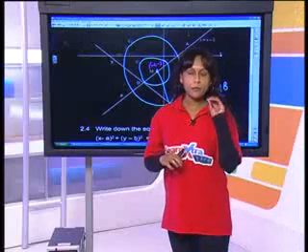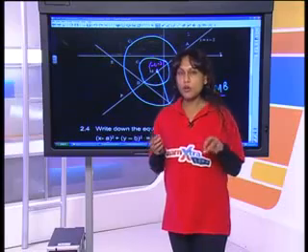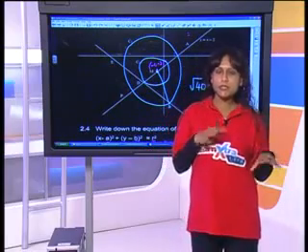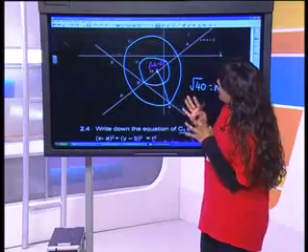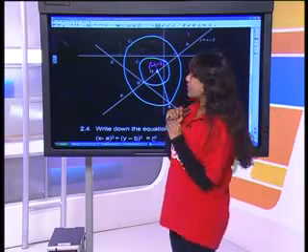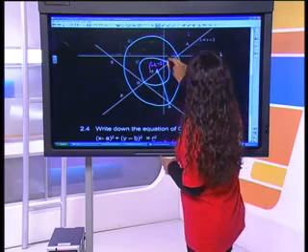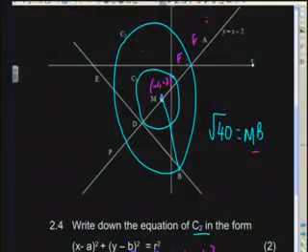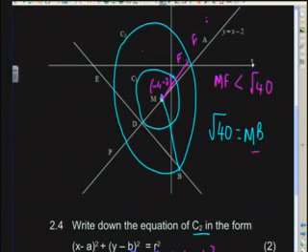The best way, in fact probably the only way, to determine that is to look at the radius. Remember, we've got the radius of circle C2. We know that it's the square root of 40. Now, if we want to find if F is inside or outside, that length MF, from the center to F, if it is less than the square root of 40, the length of the radius, then obviously the point F is inside the circle.